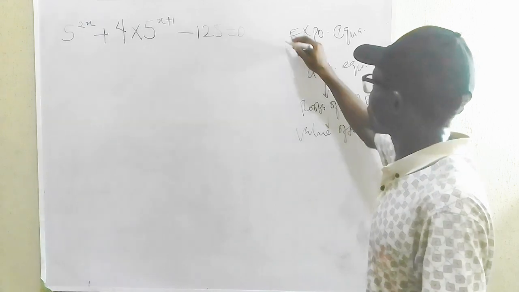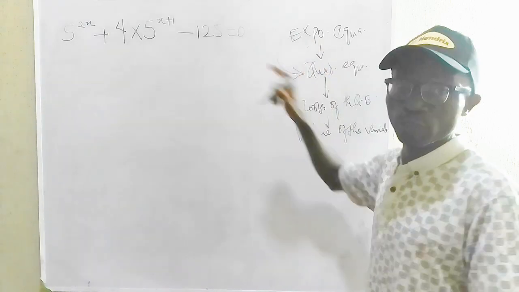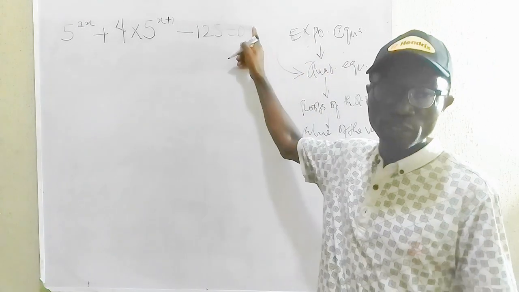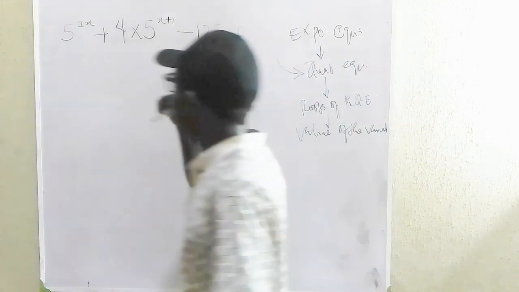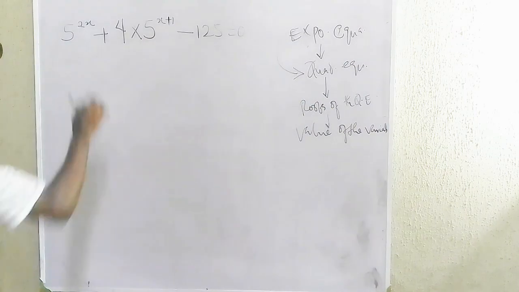Now this is going to be the first step, moving from here to here. So that's what we have. We have an exponential equation. So let's go.